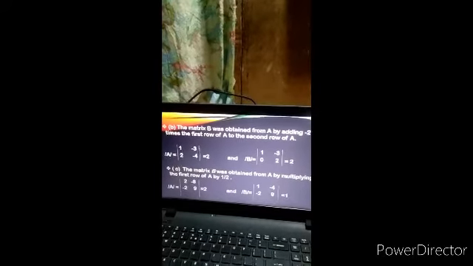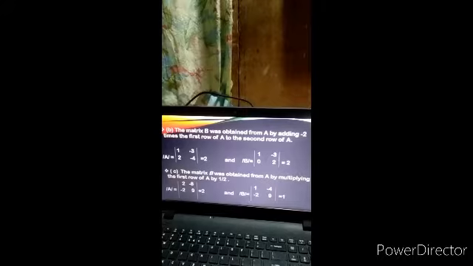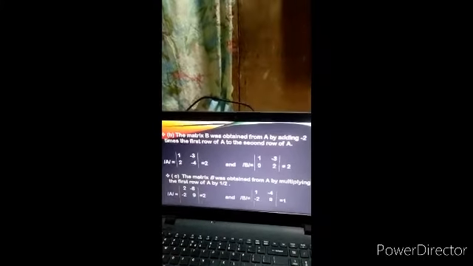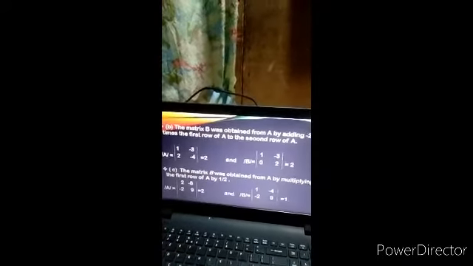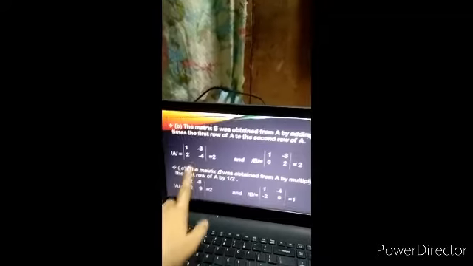Then negative 3 times negative 2 equals 6, plus negative 4.